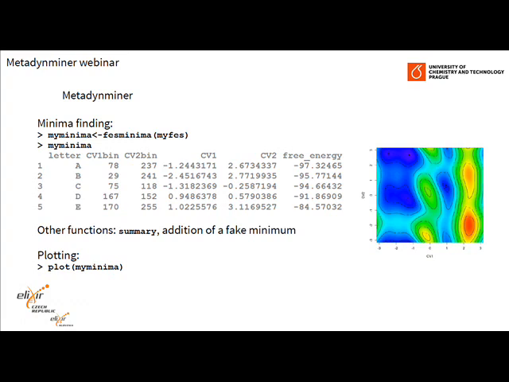And the function plot, when applied on minima, gives more or less exactly the same plot, but there are letters A, B, C, D, E for individual minima. It's not very well visible, but if you try it yourself, you will see it better, or you can change color, change size, etc.